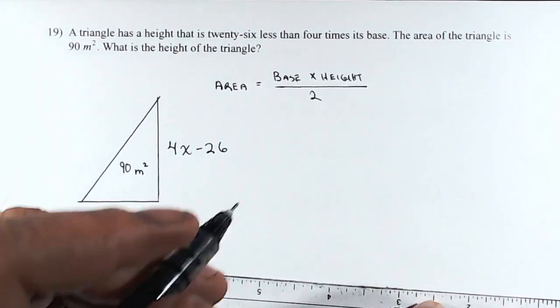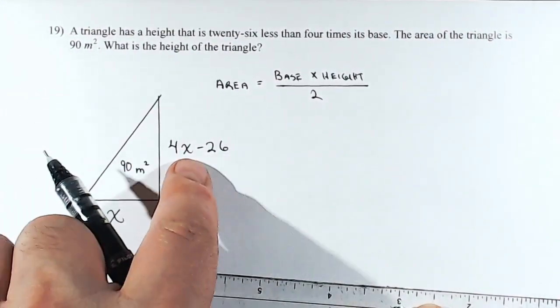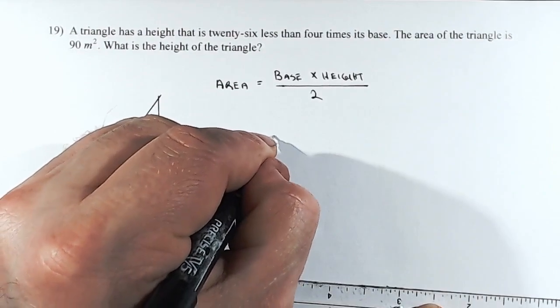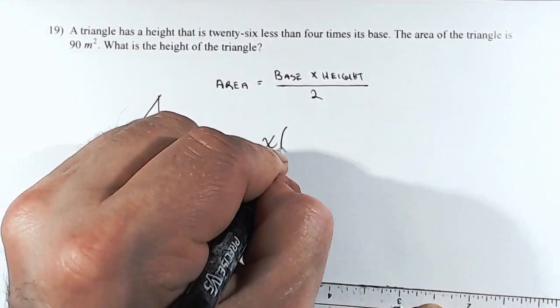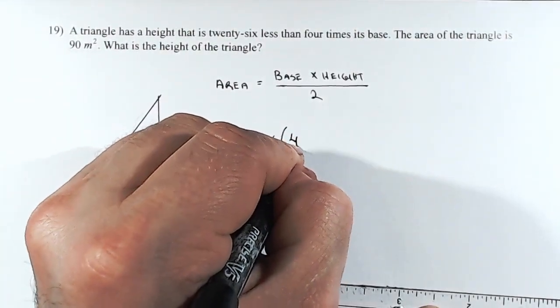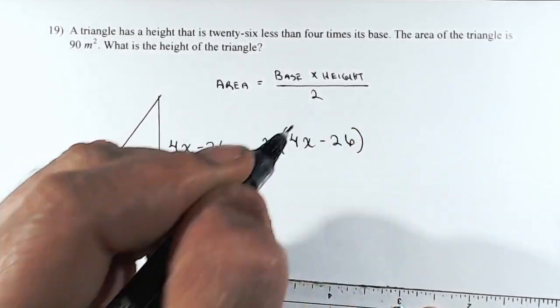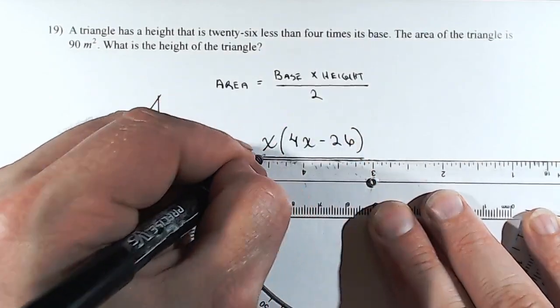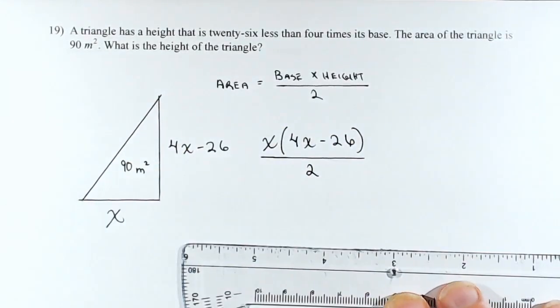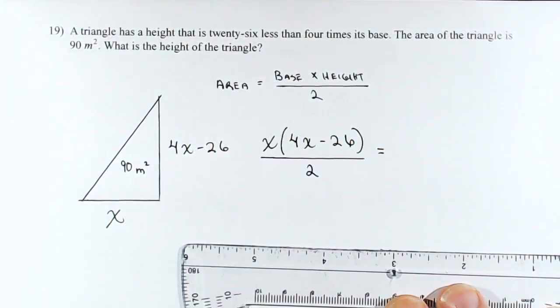So think about it this way. Base times height, x times 4x minus 26, divided by 2, has to equal 90. All right.